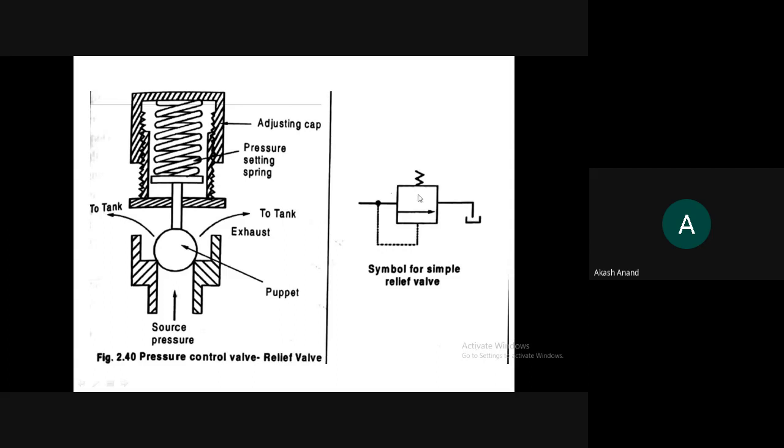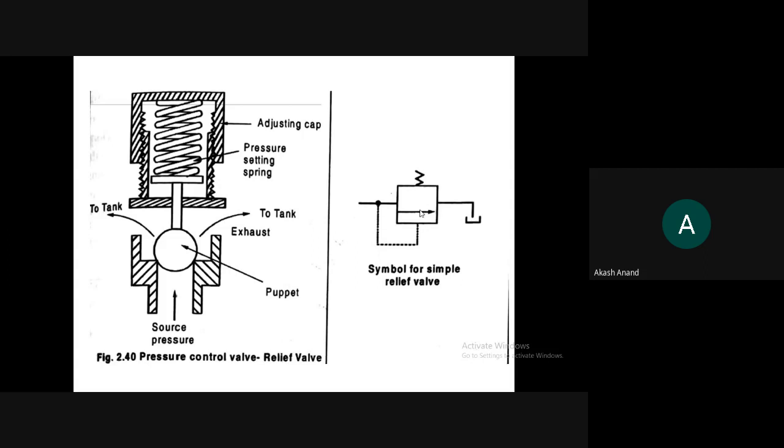You have to learn this diagram by heart. You have to identify this diagram if something is given as a circuit, and identify which type of valve is used here. If you know what type of valve this diagram represents, then you can simply explain the circuit.